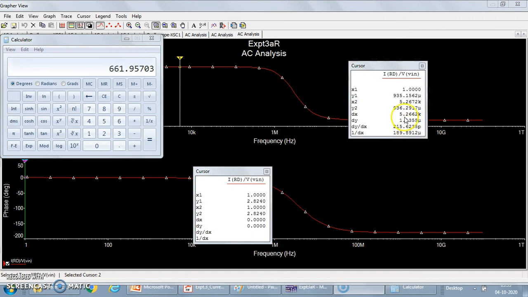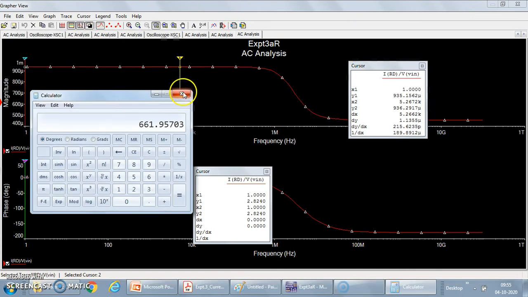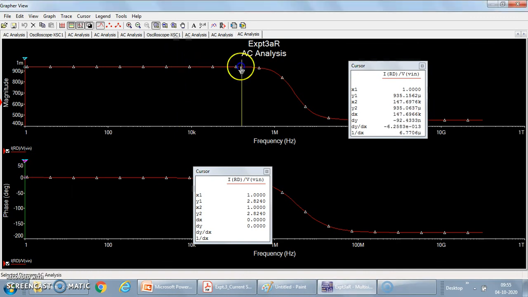I will just make these calculations: 70.7% of the maximum value, 936.29. Its value comes out to be 661.95. I will adjust this to 661 manually. I am checking the value of y2, 661. So 660. If I make it approximately exact adjustment 661, okay, let it be 665.